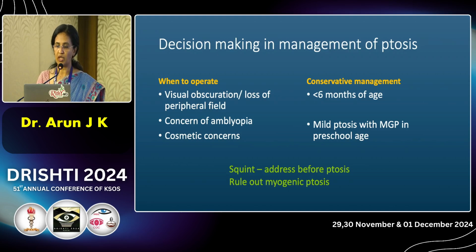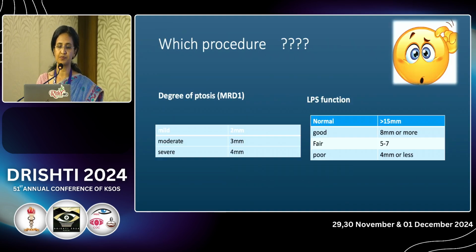Under 6 months of age, even if the patient has ptosis, you can wait, because unless the patient acquires an erect posture, the upper lid is not covering the pupillary axis, so there is no risk of amblyopia. The same applies to mild ptosis with Marcus Gunn phenomenon. Always address squint before ptosis. And as Dr. Indu said, rule out myogenic ptosis.